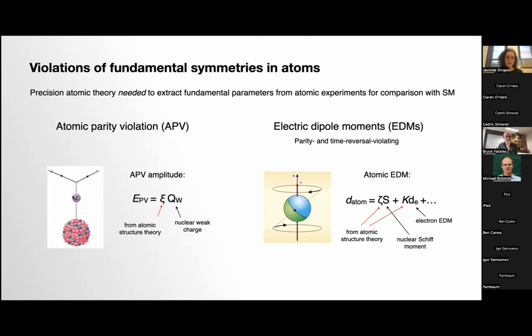Here on the left, I'm showing that you do a measurement of a parity violating amplitude, but what you want to extract from that is a value for the nuclear weak charge, which gives you the strength of the weak interaction from the nucleus. In order to derive this from experiments, you need atomic structure theory. So they play a very important, critical role here.